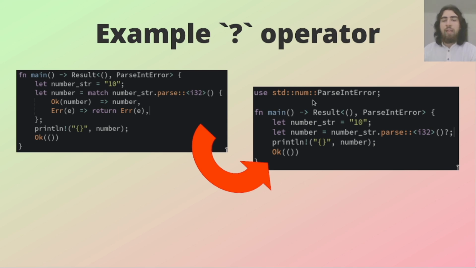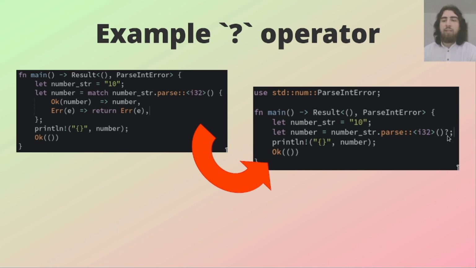Again, we are in main and we return a result. Now, as you can see, we have again a string holding a number. Then we try to parse over here, and again, parse returns a result. So we have to handle the error case.